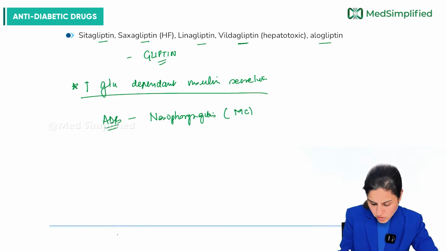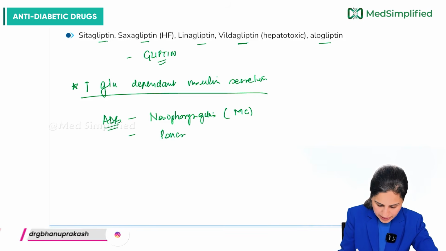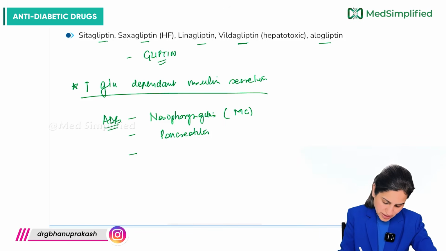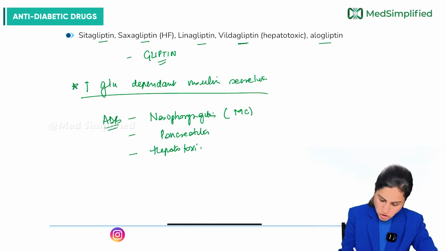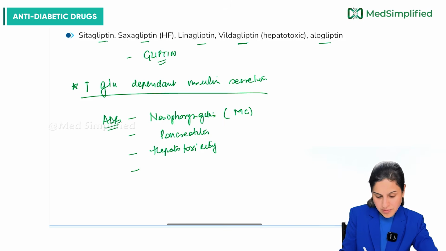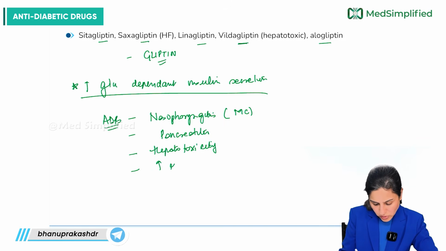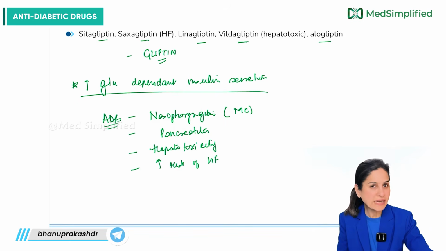Then pancreatitis they can cause, though it is rare. I told you we have to monitor all of them for hepatotoxic potential as well, and they can increase the risk of heart failure. So we have to be careful with them.